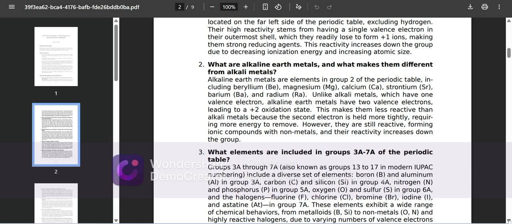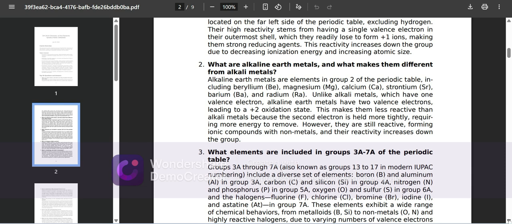What are alkaline earth metals and what makes them different from alkali metals? Alkaline earth metals are elements in group 2 of the periodic table, including beryllium, magnesium, calcium, strontium, barium, and radium. Unlike alkali metals, which have one valence electron, alkaline earth metals have two valence electrons, leading to a +2 oxidation state.